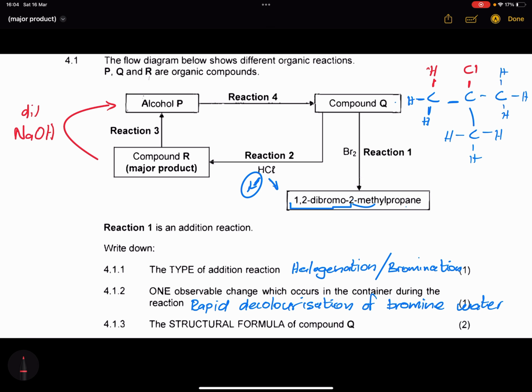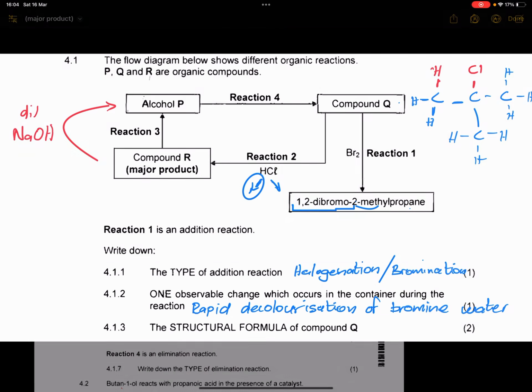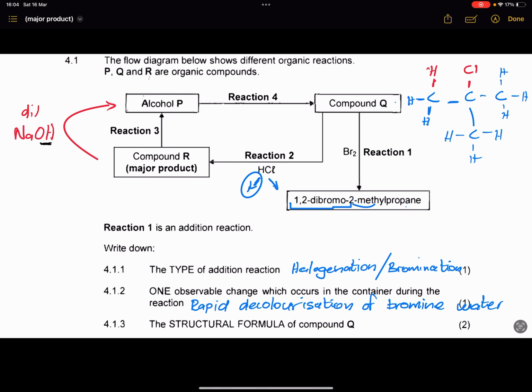I did say in my video that this is one of the most popular reactions that they like. Dilute strong base would give us an alcohol, whereas if we use a concentrated strong base, we would get an alkene. So the hydroxide ion from the sodium hydroxide would substitute the halogen, and that's how we form the alcohol.